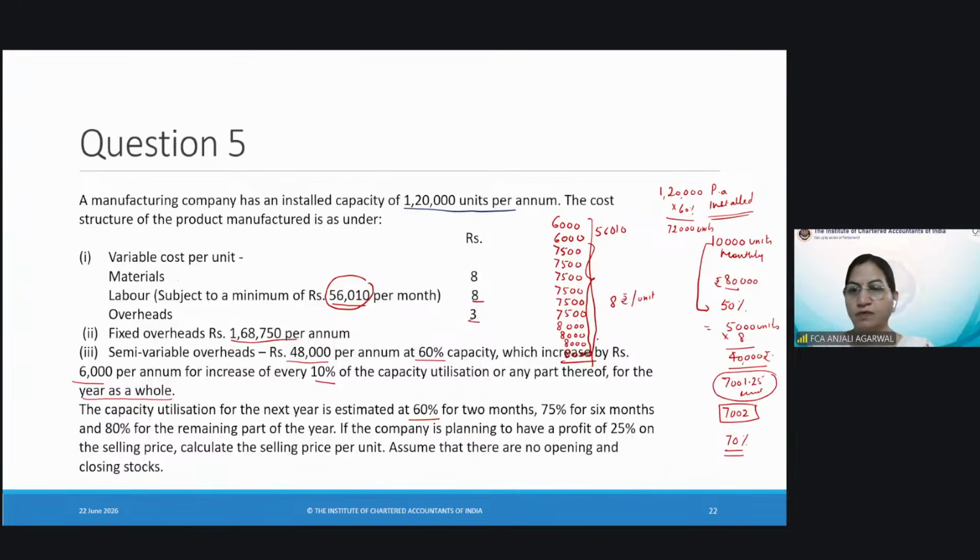Let's see, 8,000 into 4, 32,000 here, 7,500 into 6, 45,000 units here, and 12,000 units here. So in totality, he has manufactured 32 plus 45 plus 12, 89,000 units.